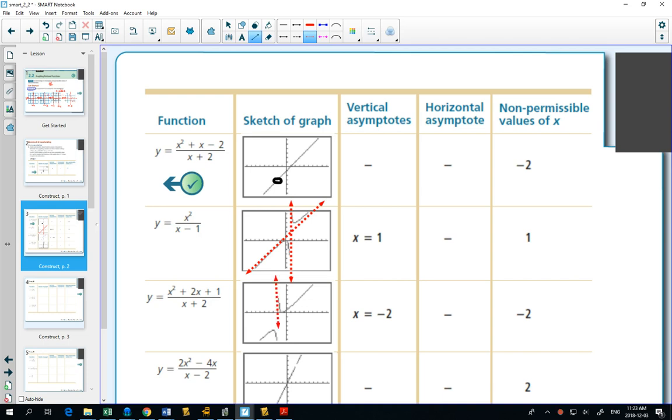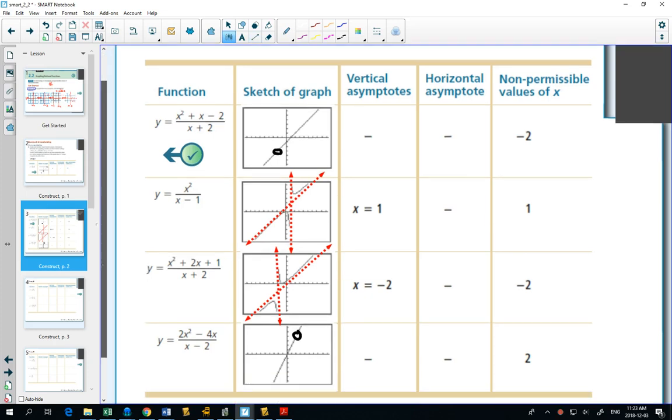Same thing with this one. It has an asymptote there and a diagonal asymptote. And the last equation is another equation with a hole in it. You have to draw an open circle where there's a hole.